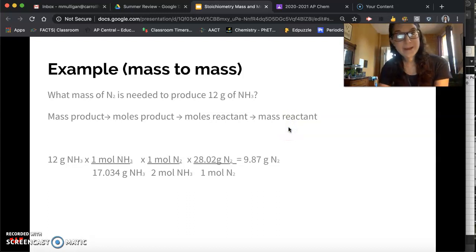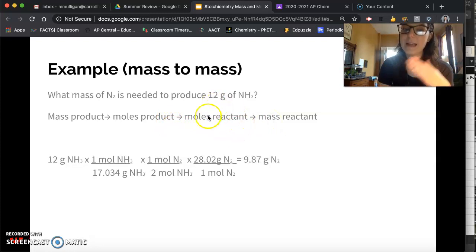We can also do mass to mass. Again, what mass of N2 would be needed to produce 12 grams of NH3? For this, I'm going to go from the mass of my product to the moles of my product, to the moles of my reactant, to the mass of my reactant. Again, comparing products and reactants, I have to use moles, and in the beginning and end, that's where I start with mass.